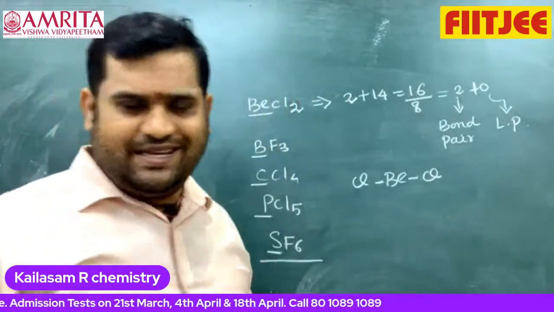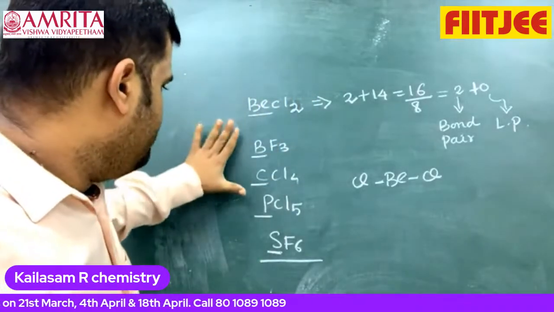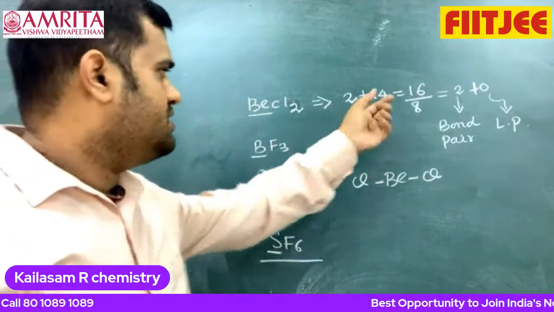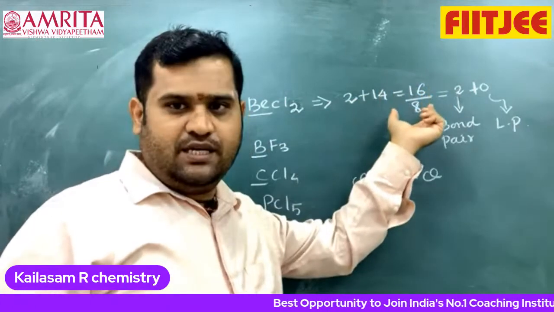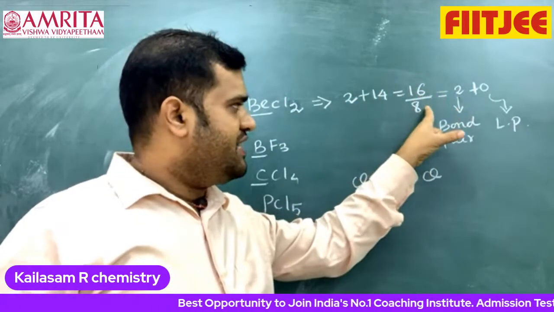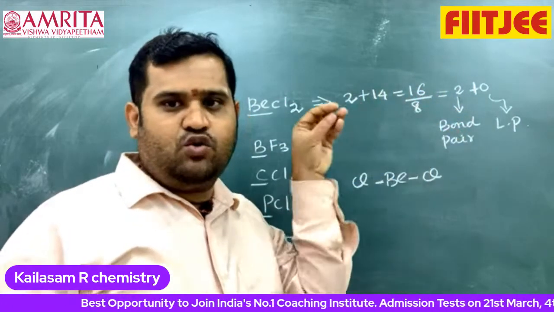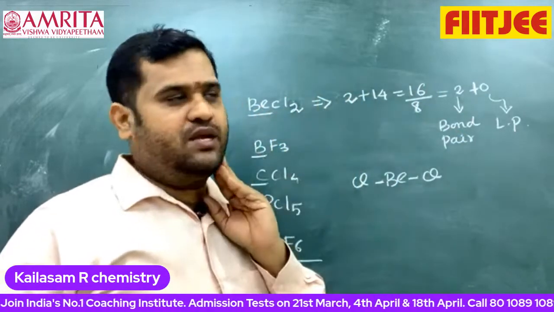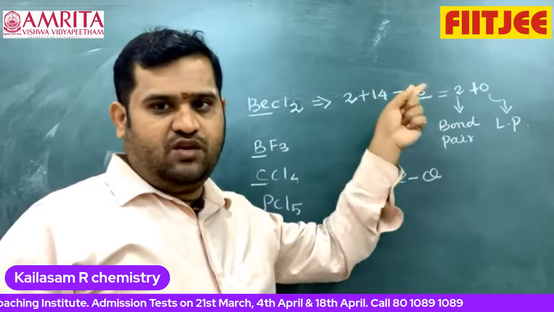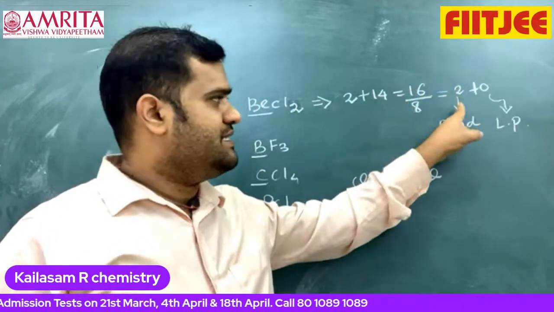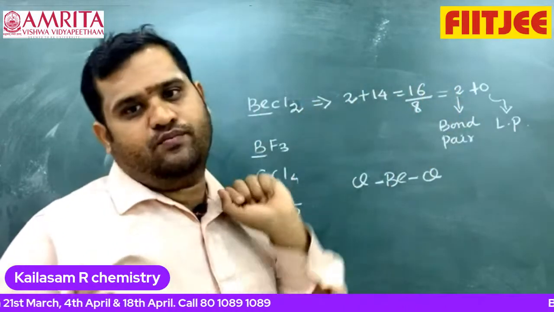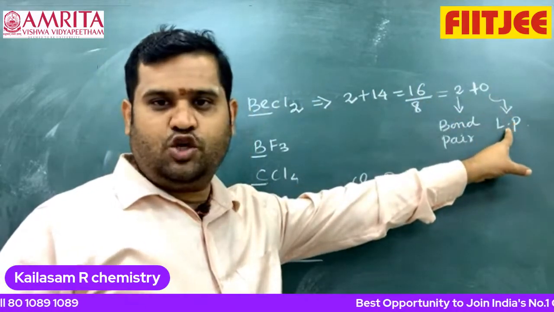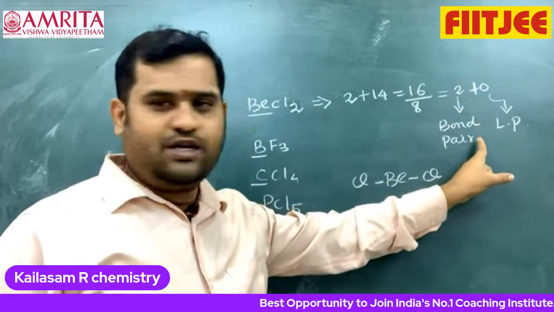Yes, children, listen again. This is BeCl2, BF3, CCl4, PCl5, SF6. Now look at this. 2 plus 14 is 16, divided by 8. Why divided by 8? Because the molecules are going to obey the octet rule. 2 eights are 16, and the remainder is 0, which clearly says 0 lone pairs, and this indicates 2 bond pairs.